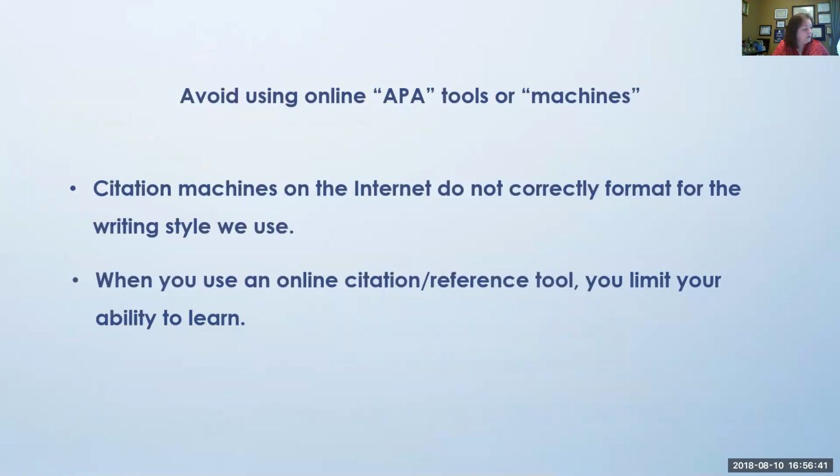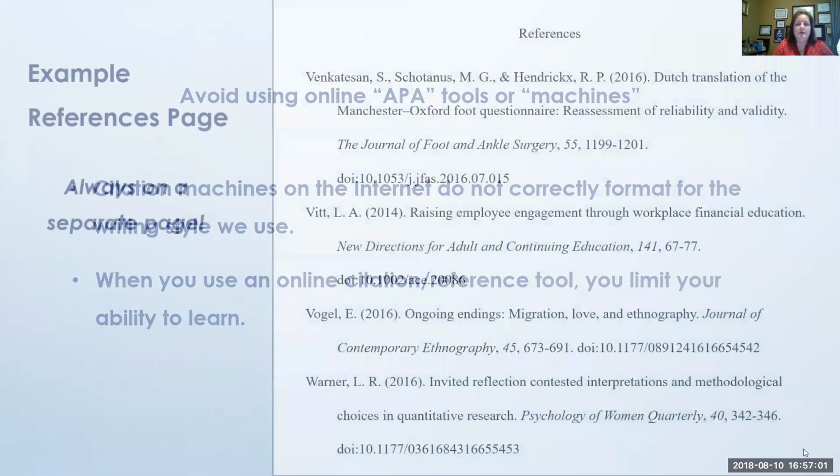I can look at this and see the example, and then I can know that you're citing it correctly. And again, when you use an online citation and reference tool, you're really limiting your own ability to learn how to do it correctly. And my goal here is to help you learn and help you get through this.